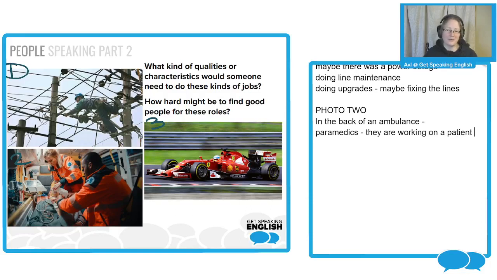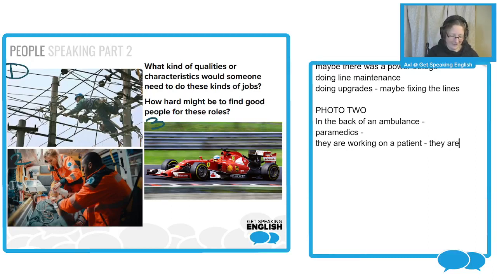We would say that paramedics will work on a patient, which is a way to say that they are giving medical treatment. Obviously, there are 2 paramedics. I would imagine it's a really stressful situation. Maybe there was some sort of accident.